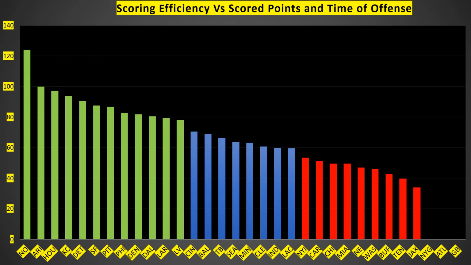So this is scoring efficiency versus basically the scored points per yard and time efficiency. Top, and we see New Orleans to Green Bay, Atlanta, and the Giants were 0. Sad.